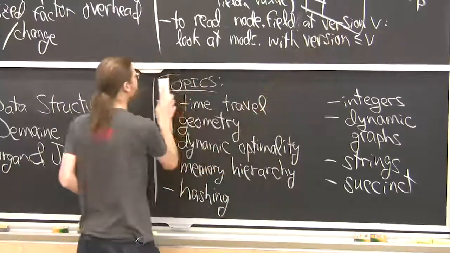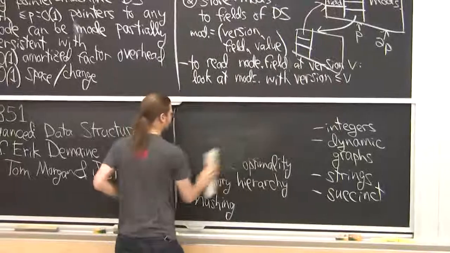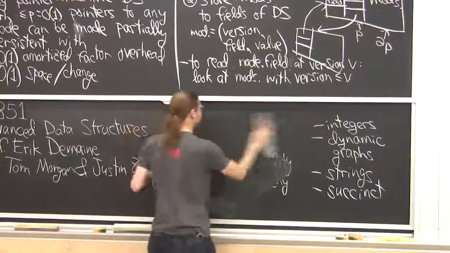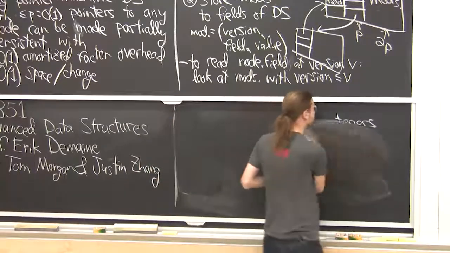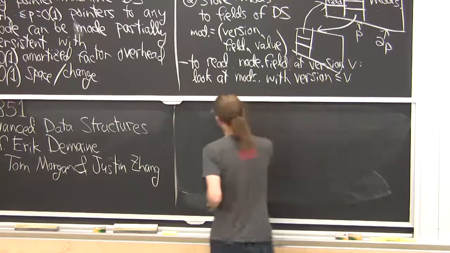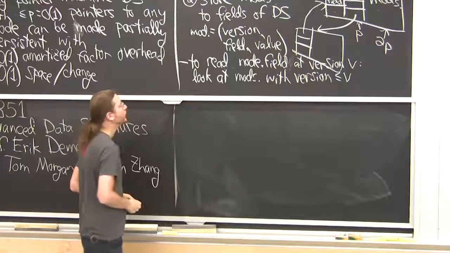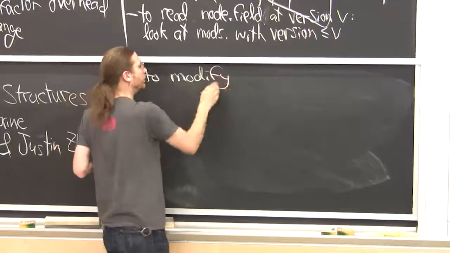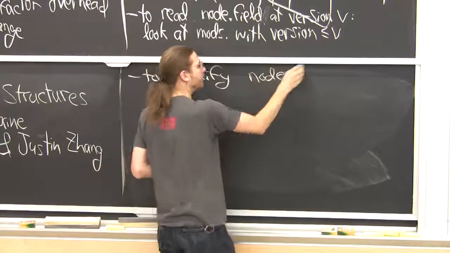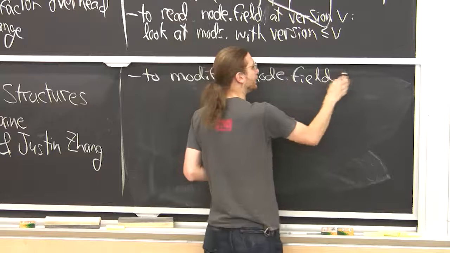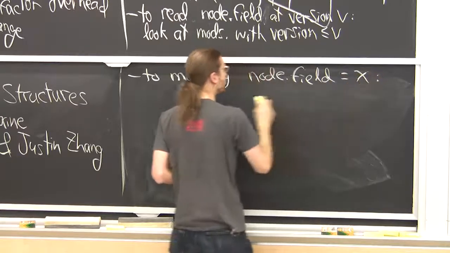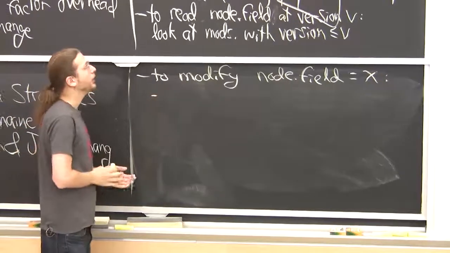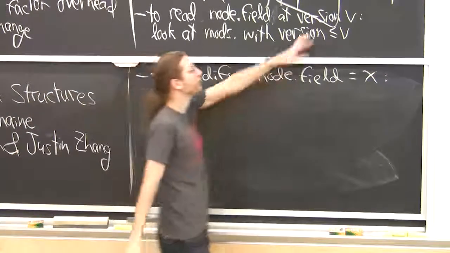Because there might not be any room in the mod structure. So to modify, say we want to set node.field equal to x. First we check, is there any space in the mod structure?